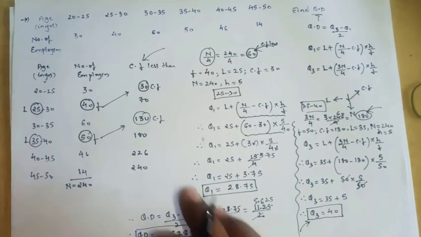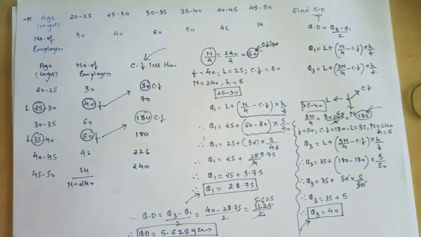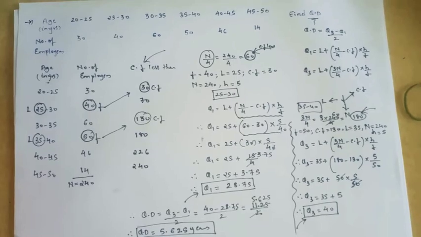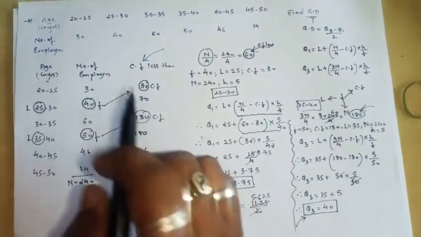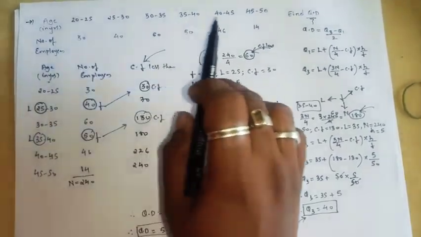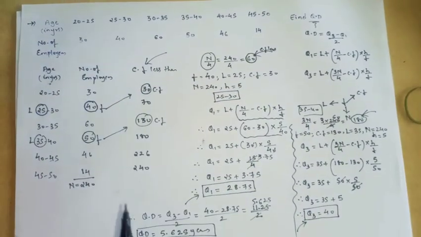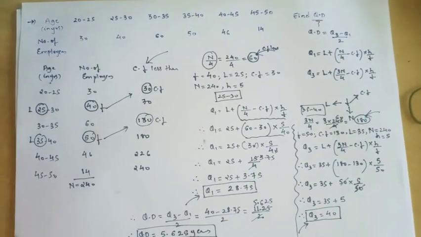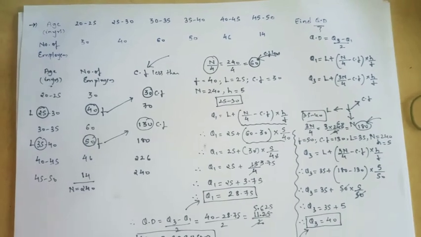I hope you all understood type number 3 also. Type number 3 is with respect to when the class is in groups. We'll take one more sum based on type number 3.